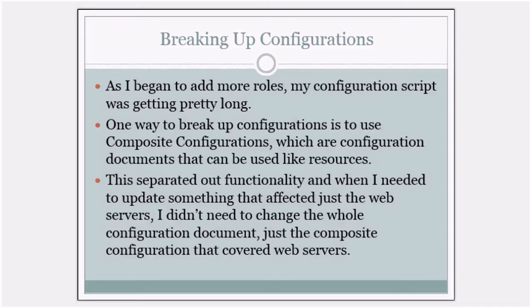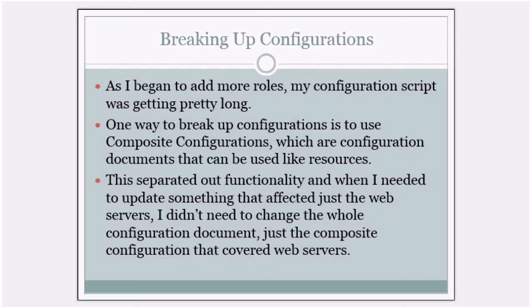Well, little did I know, I had started doing this before, but I was out in Seattle for a conference, and I'd stopped by the PowerShell team's offices, and I was talking with the team there about them. Like, well, why aren't you using composite configurations?